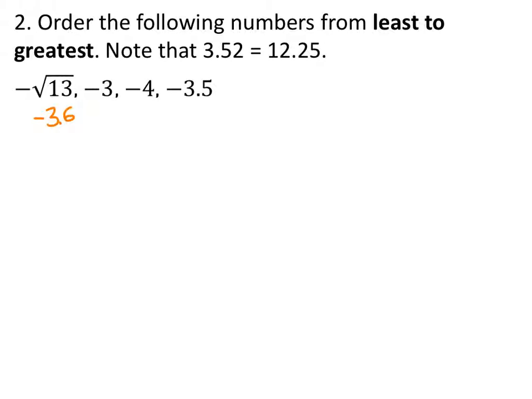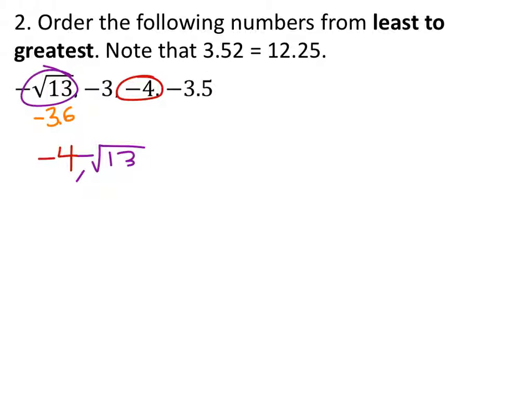So the lowest number in this list is going to be the highest negative because it's farthest to the left on the number line. In that case it is negative 4. The next lowest number, the number farthest left on the number line, appears to be the negative square root of 13. So that's this one.